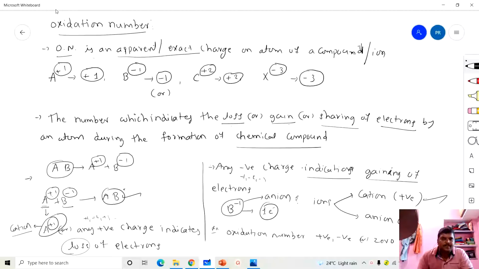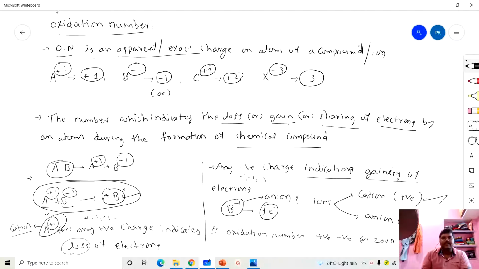One more definition. The number which indicates the loss or gain or sharing of electrons by an atom during the formation of a chemical bond. Here you can see, A +1 and B -1 form AB. What does it mean? By losing one electron of A and gaining one electron of B, AB is formed.